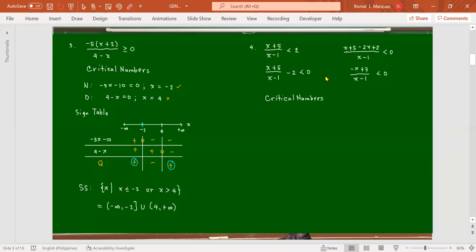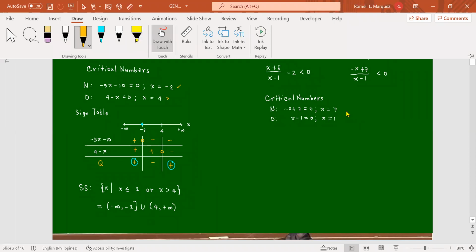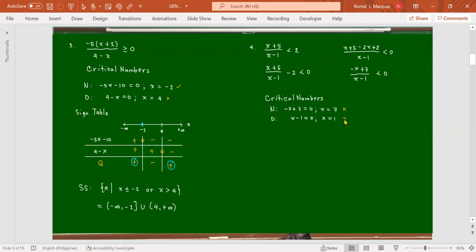For the numerator first, negative x plus 7 when equated to 0 gives us x equals 7, because we have negative 7 divided by negative 1, 7. What about in the denominator? 1. Very good. Very easy, no? Is 7 part of the solution set or not? Not, because equation is not part.